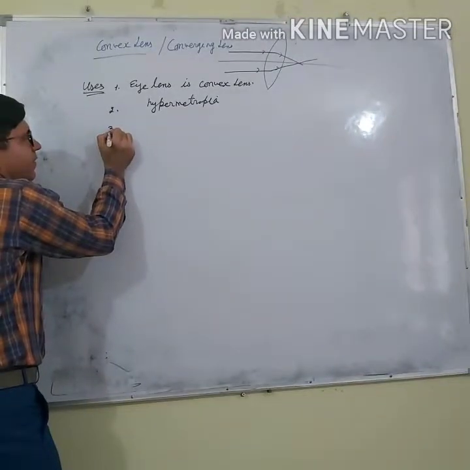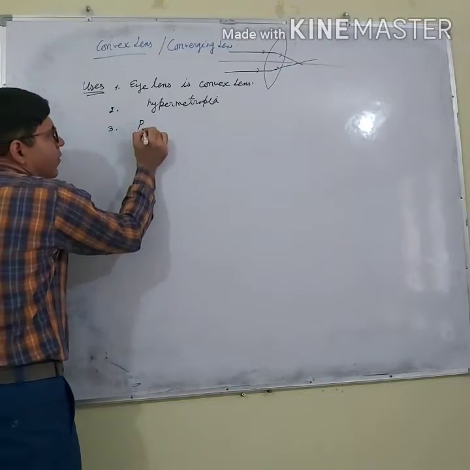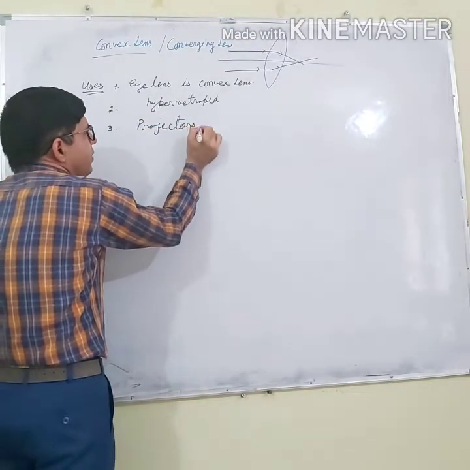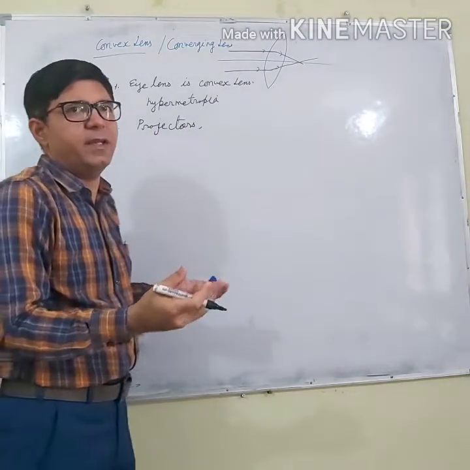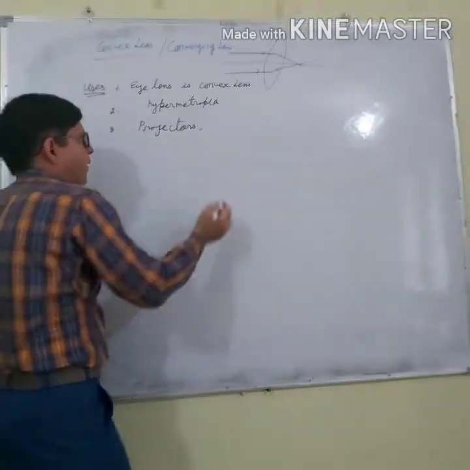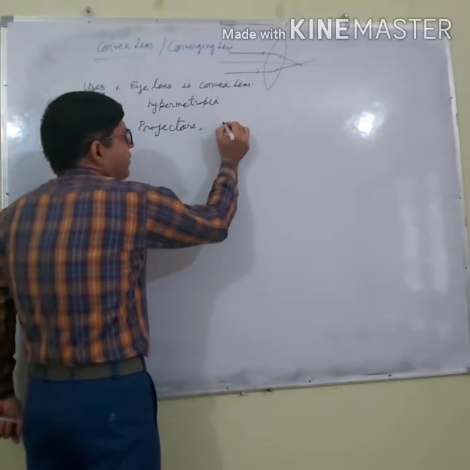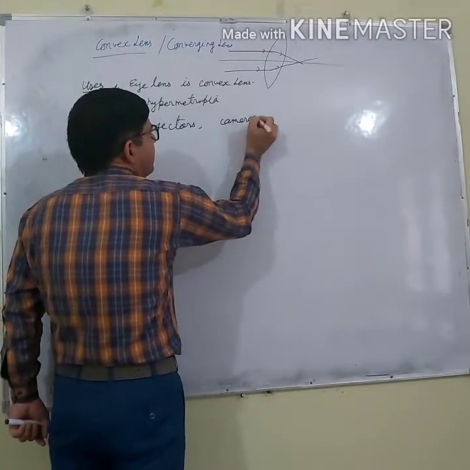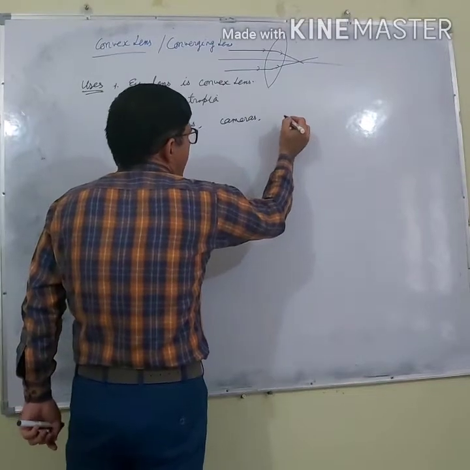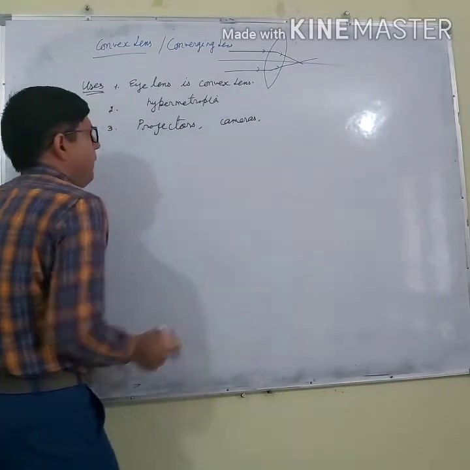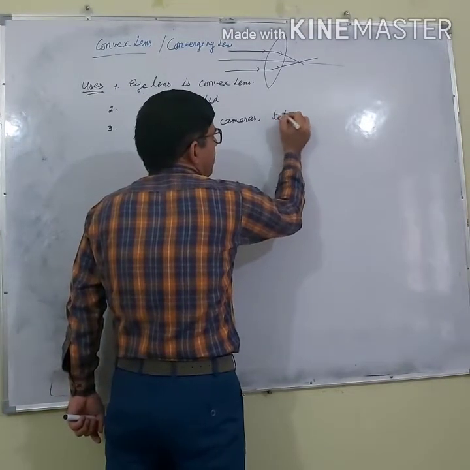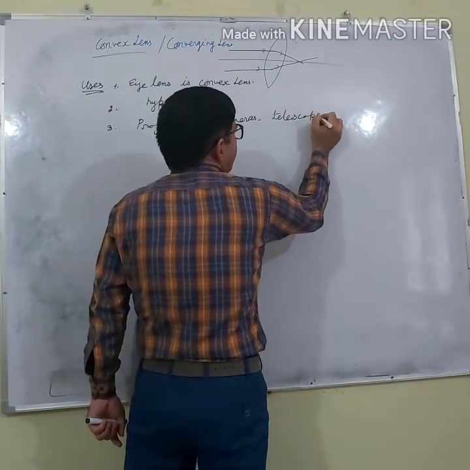And third, it is used in projectors. All of you have seen projectors. In projectors there is a lens fitted, that is a convex lens. It is also fitted in cameras and telescopes.